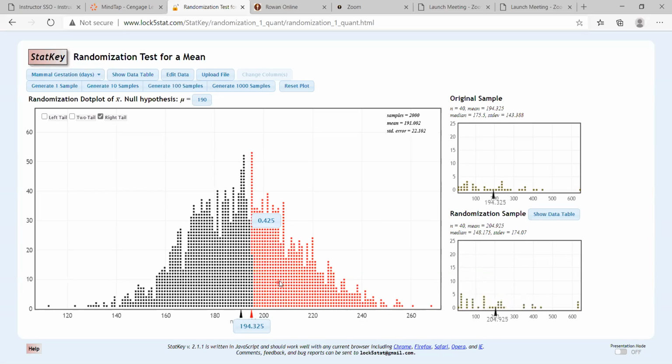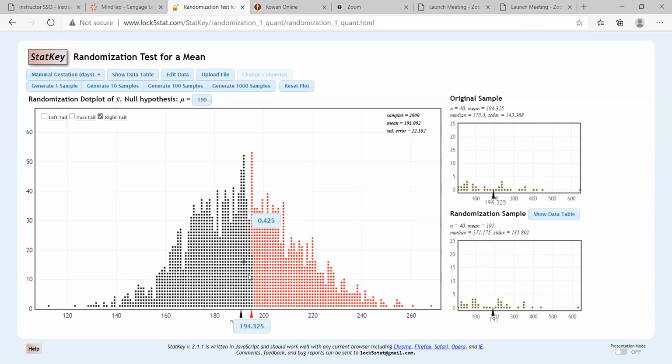Now, a definition of a p-value: it's the probability of getting that sample statistic, in this case 194.325, or something more extreme than that, meaning further away from the hypothesized value of 190, if we assume that the hypothesized value of 190 is true.